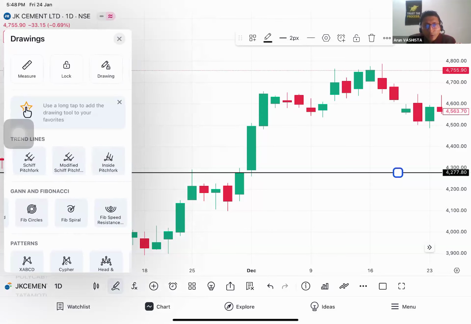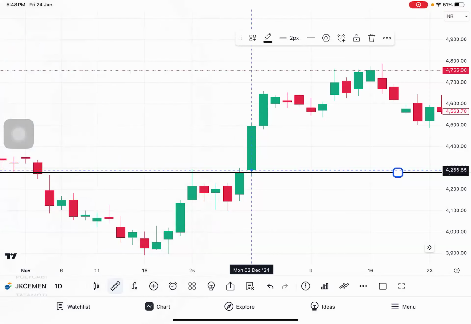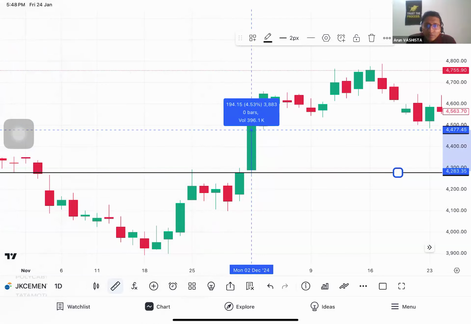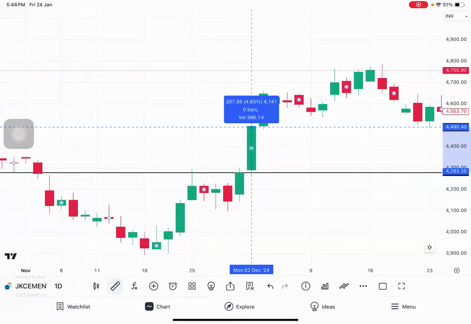You can even use the measure tool on the top. So this was the entry, right? So this was approximately 4.8%, so 5%. Like I told you, my holding period is either 2 to 6 days or 6 to 15%. And then I held it till the next day.